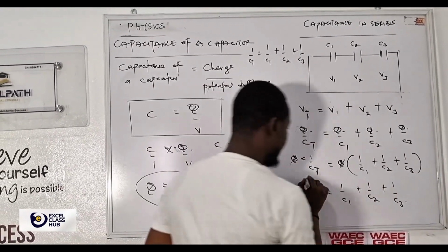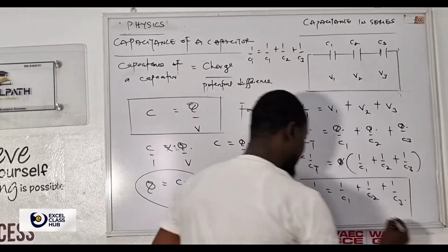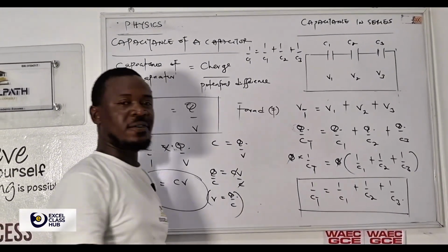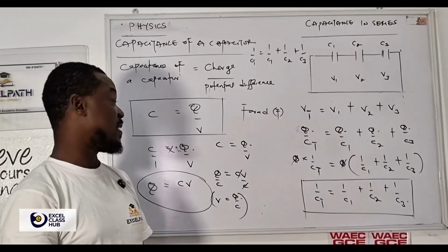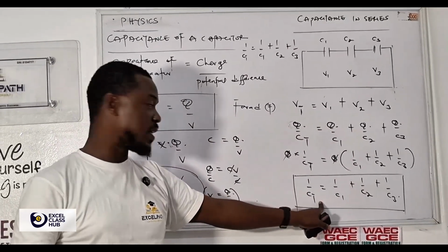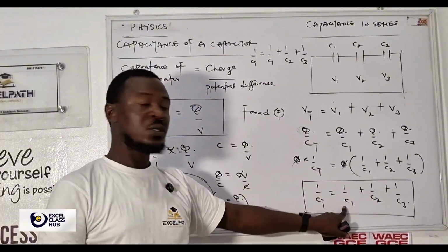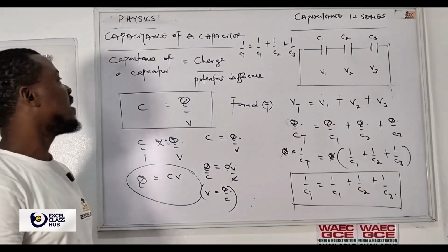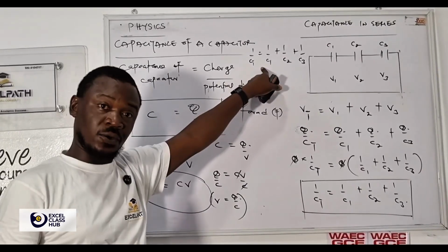So this is your formula for capacitance in series. Whenever you're told to find the capacitance of capacitors in series, your formula is 1 over C total equals 1 over C1 plus 1 over C2 plus 1 over C3. As you can see, I've proved the formula out.